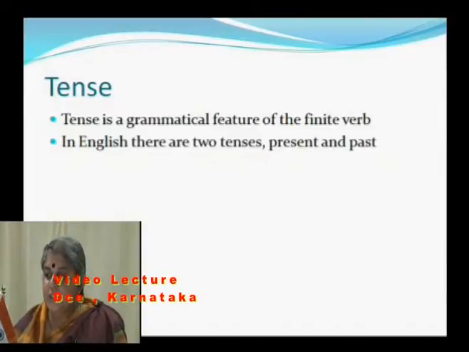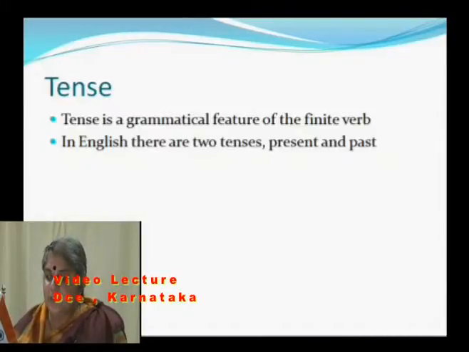In English, we have two tenses, the present and the past. The present tense is marked by suffixes s/es in the case of third person singular, whereas in all other cases the bare form of the verb is used.